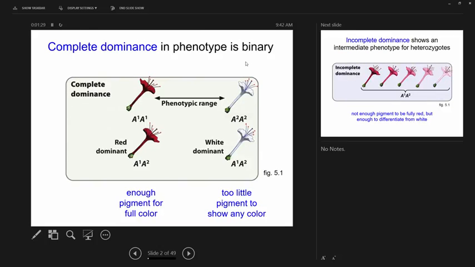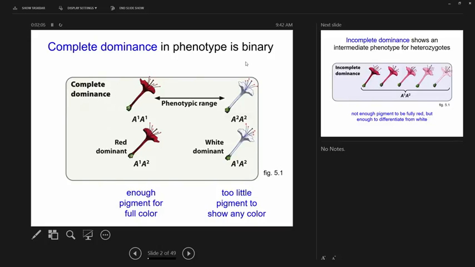All right, so previously we've talked about dominance, and I've made sure to say complete dominance, so that there's one allele that is dominant over the other one. If you look here, you have a red flower and a white flower. So if red is allele number 1 and white is allele number 2, obviously if you're homozygous for one of them, you'll be red, and if you're homozygous for the other one, you'll be white. One of them is going to be dominant.